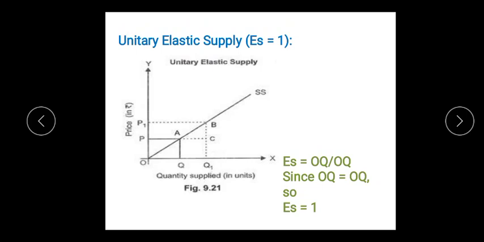That is, the intercept on the x-axis is equal to OQ and the quantity supplied at price of P is also equal to OQ. So elasticity of supply is equal to OQ divided by OQ. Since OQ is equal to OQ, elasticity of supply in case of this figure is equal to 1.